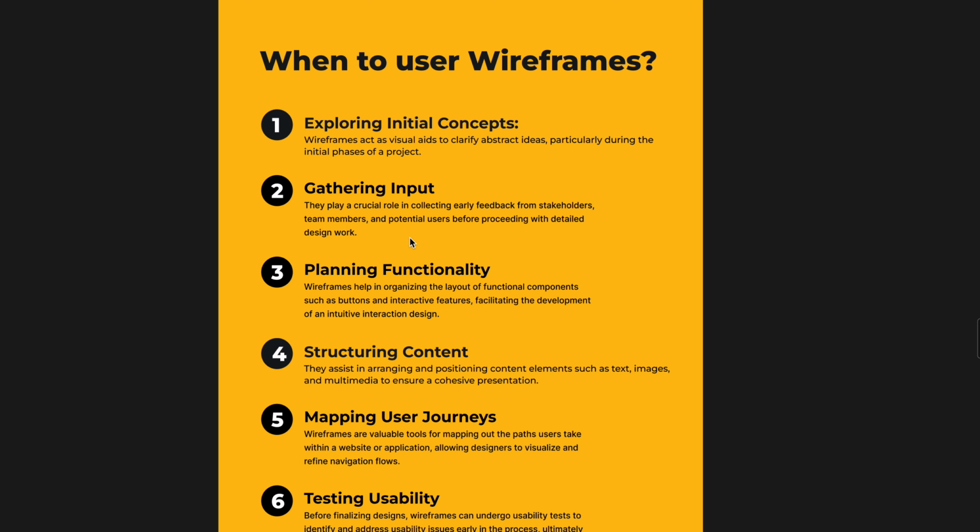Second will be gathering inputs. Of course, if you want to build a feature, you need inputs, but based on what are they going to give you inputs, right? So as I said, once you create a low fidelity design, you go and gather the inputs. Third is planning functionality. Let's say if I give a feature to a user, once they click onto the card, they directly reach the payment process, and automatically their payments happen, whatever.